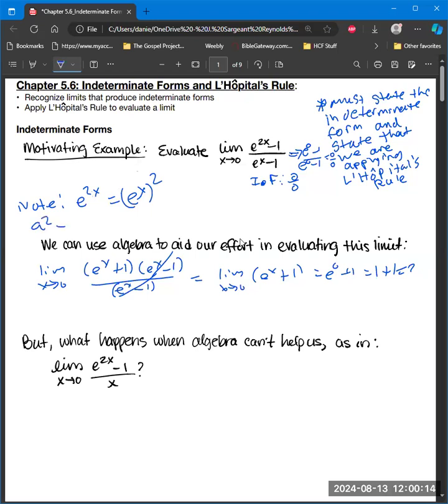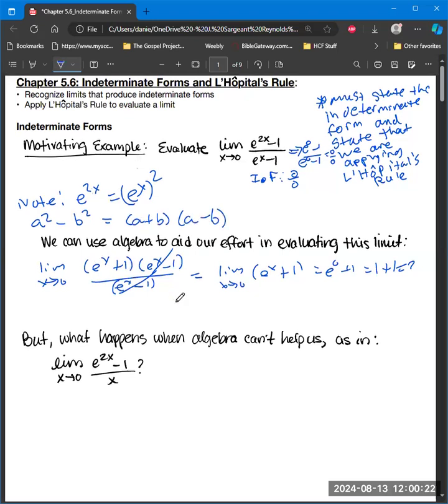And we have the formula a squared minus b squared is equal to a plus b times a minus b. That's how we're going to address that one.